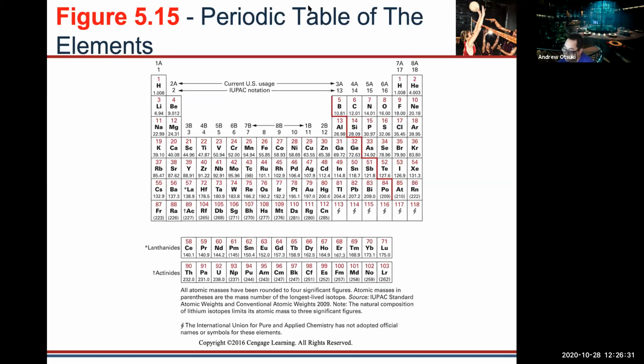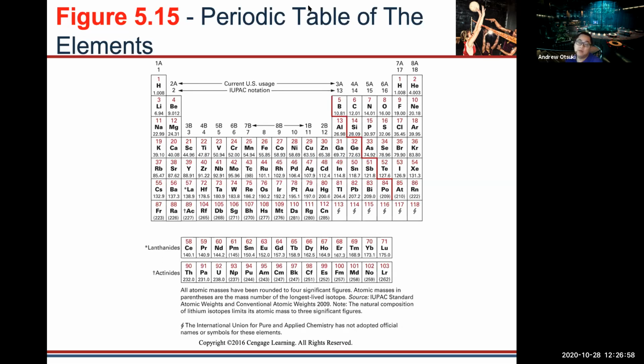Now, let's classify the element as a main group or transition element. Remember, main group is any element in the periodic table that is not part of the transition metal block, so nothing from 3 to 12 or 3B to 8B. The main group elements are the groups from 1 to 2 and 13 to 18, or 1A to 8A.